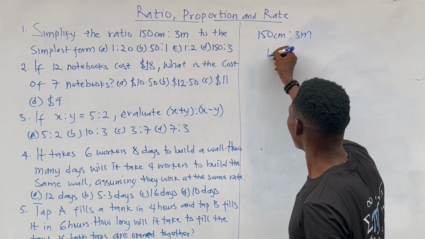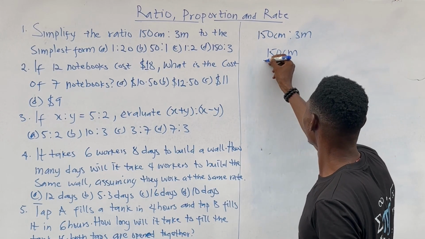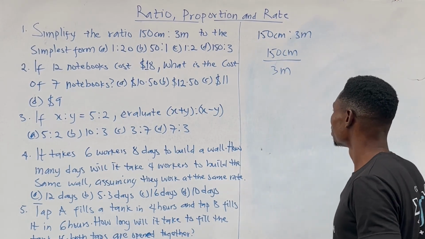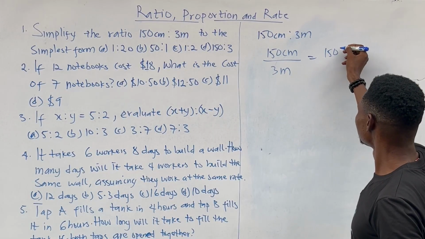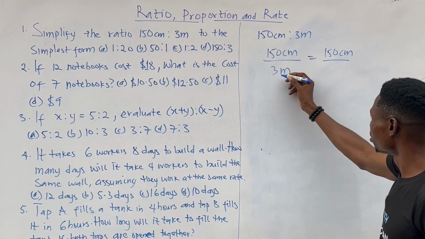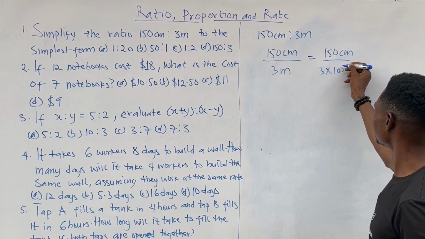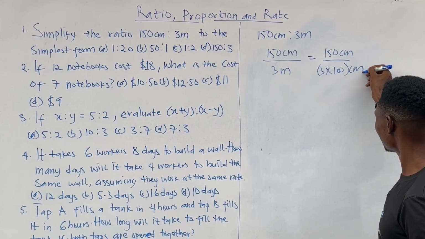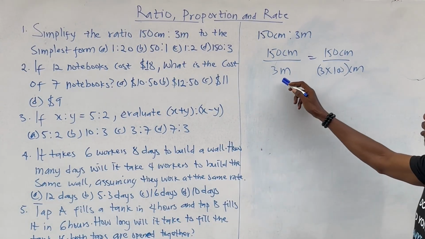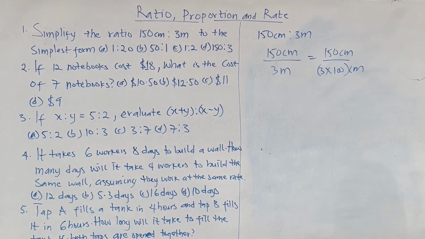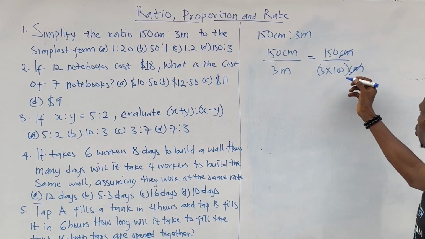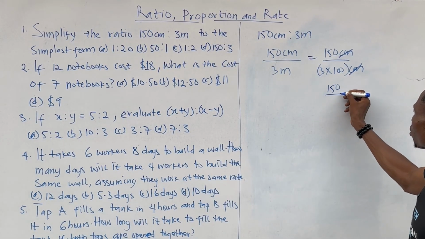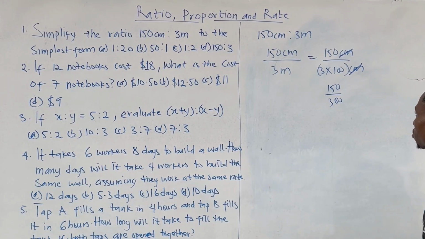So this will be 150 centimeter over 3 meter. So 150 centimeter over 3 meter will be 3 multiplied by 100 centimeter. So we're converting meter to centimeter, you multiply by 100. So this is a straightforward one. So remember our units go. So we have 150 over 300.